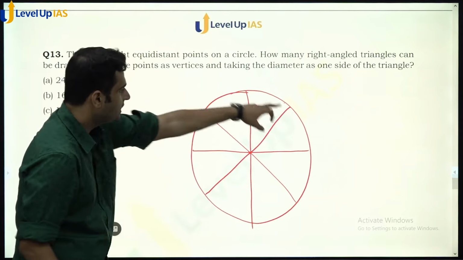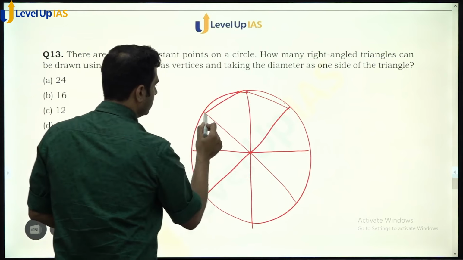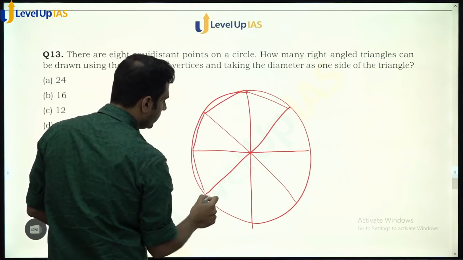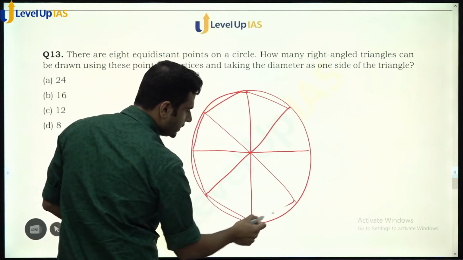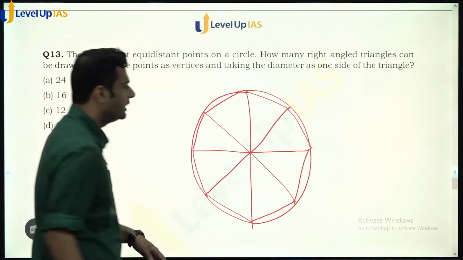Okay. So these are 8 equidistant points. Let us join them. So this is a regular octagon which is inscribed inside a circle. Something like this is a figure.